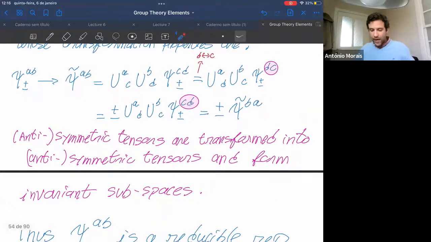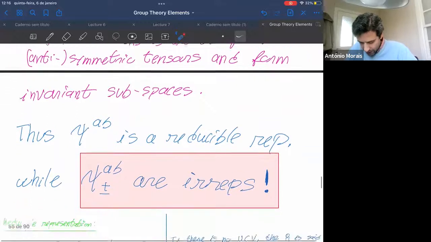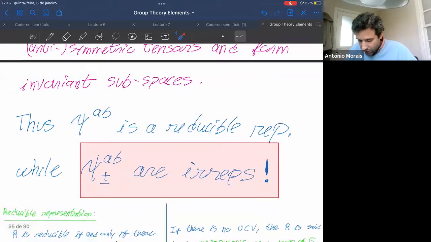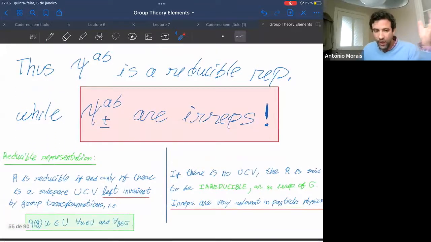Which means that psi plus and psi minus form invariant subspaces. Therefore, we can say that psi AB is a reducible representation, while psi AB plus and minus are irreducible representations, and this is coming from something that we have seen in the first lecture.